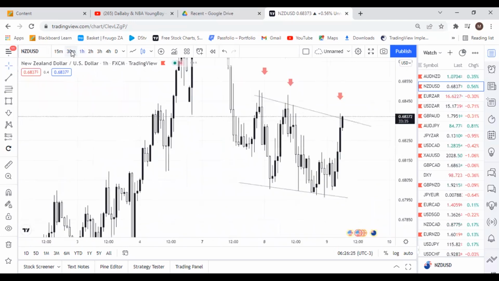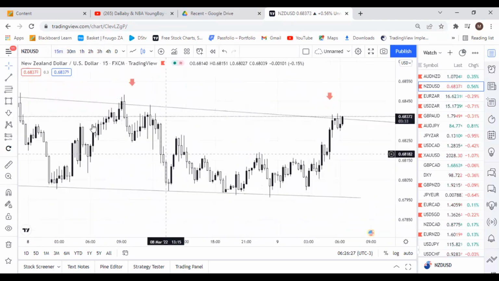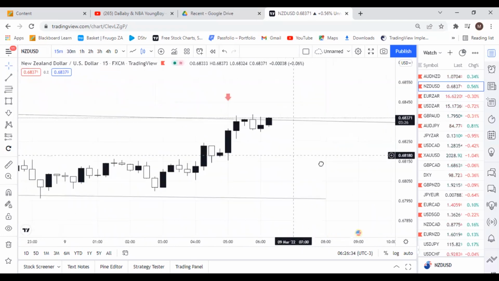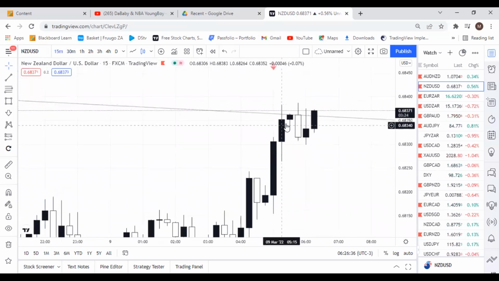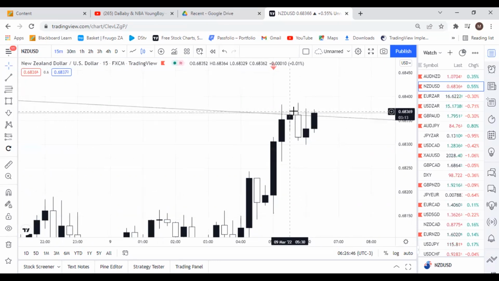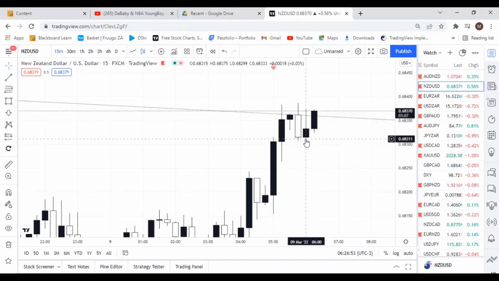So don't even scale down to the 15-minute time frame, because you would think this, what do you call this, morning star candlestick, with the combination of this bearish engulfing candlestick, is enough confirmation for you to now sell.